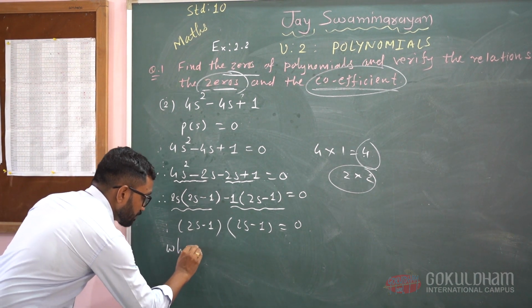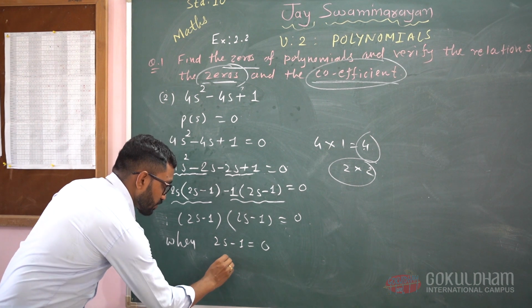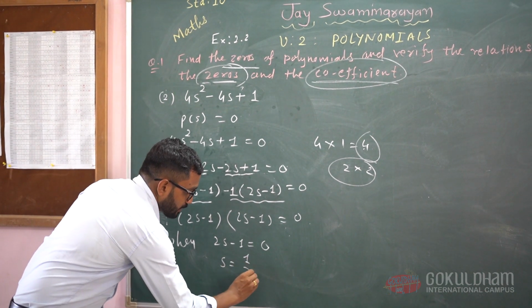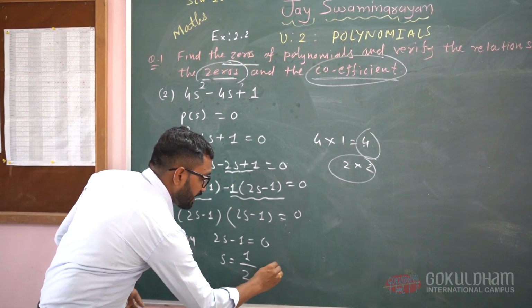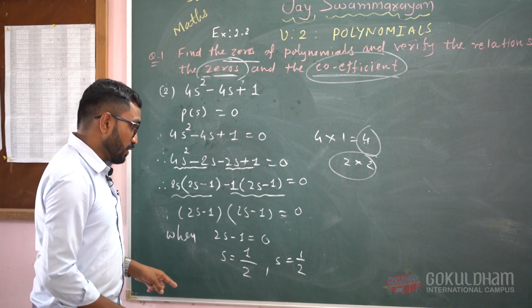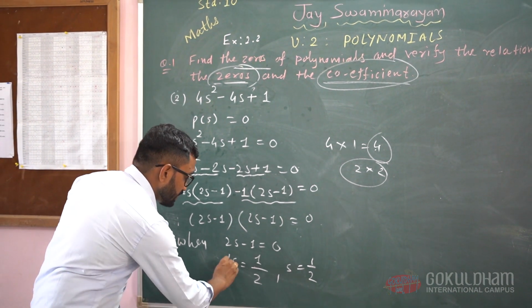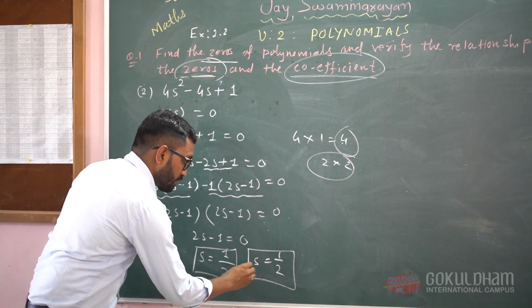When 2s minus 1 equal to 0, s equal to 1 by 2. In the same way, the other value of s is also 1 by 2. So this one is the value of alpha and this is the value of beta.